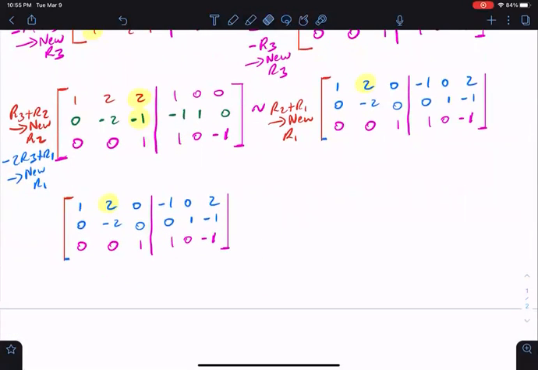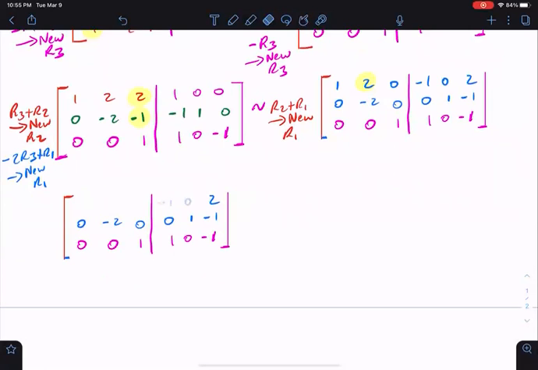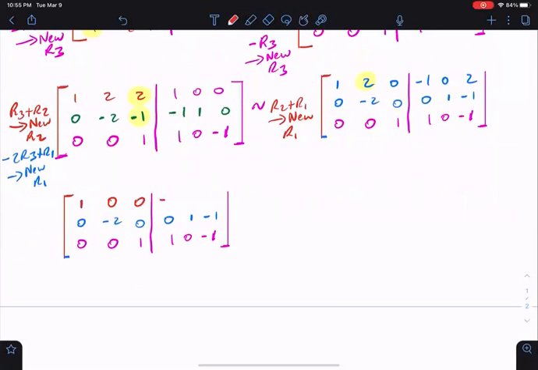So we're getting rid of this guy, row 1, that's gonna change. So 0 and 1 gives you 1, negative 2 and 2 gives you 0, 0 and 0 gives you 0, 0 and negative 1 gives you negative 1, 1 and 0 gives you 1, 1 and negative 1 and 2 gives you a positive 1.